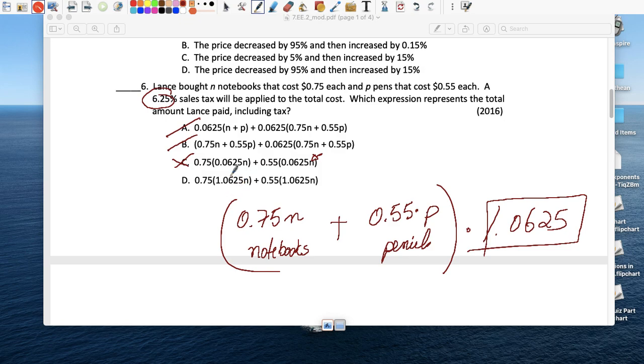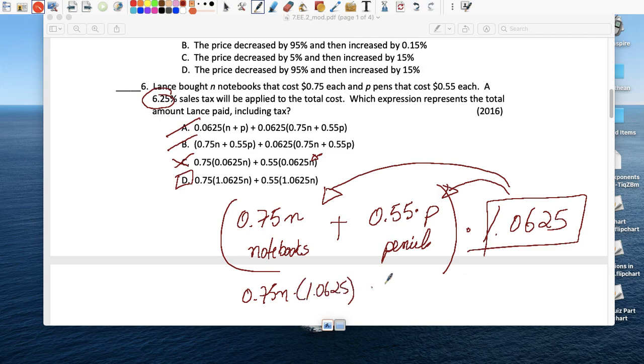And hang on a second. The one that would make sense is this one. Well, if you do this tree properly, right? Think about it. You're going to get 0.75N times 1.0625 and then plus 0.55P times 1.0625.